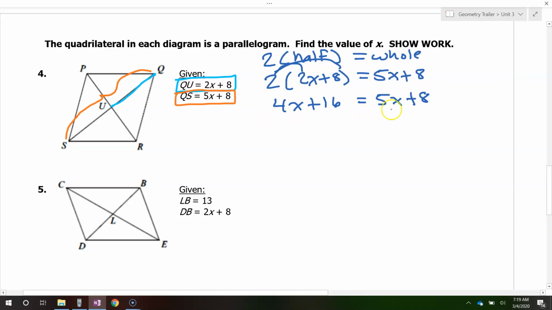Then I try to keep the x terms positive. That's why I'm going to subtract 4x from both sides instead of subtracting 5x, because that would give me -1, so I like this better. So I'm going to get 16 is equal to x plus 8. And then when I subtract 8 from both sides, I get x equals 8.